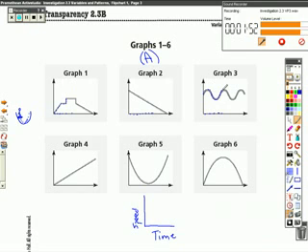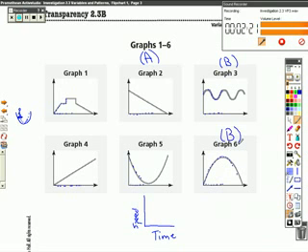So we will say graph 3 could be B. Graph 4, as time increases, speed is increasing. No. Graph 5, as time increases, speed is decreasing. No. Graph 6, as time is increasing, speed is increasing, and then it decreases. So it could also be graph 6.